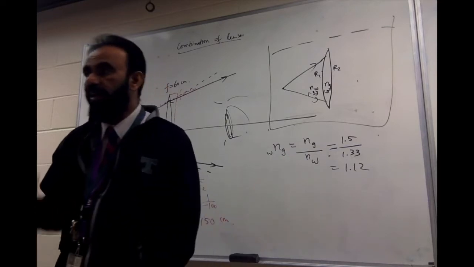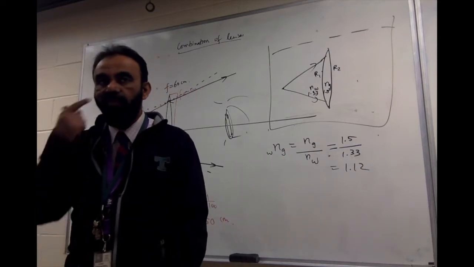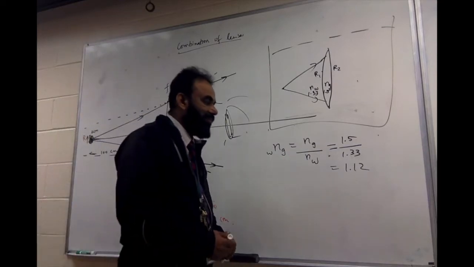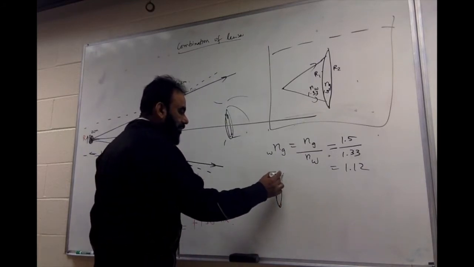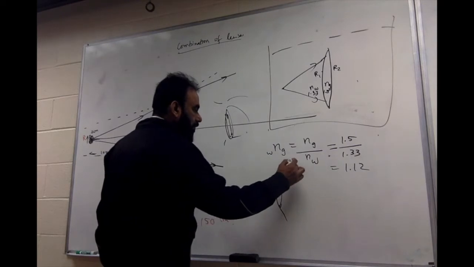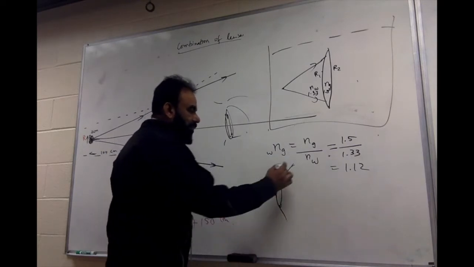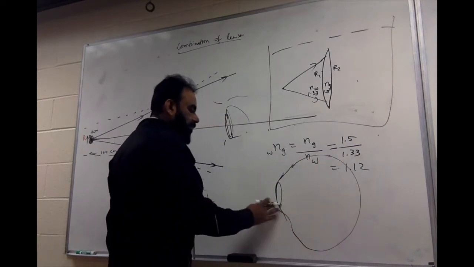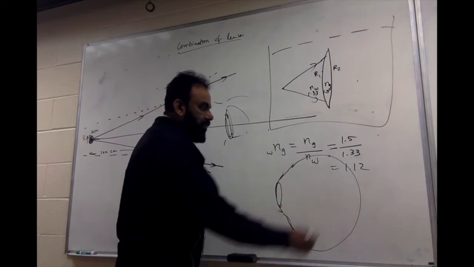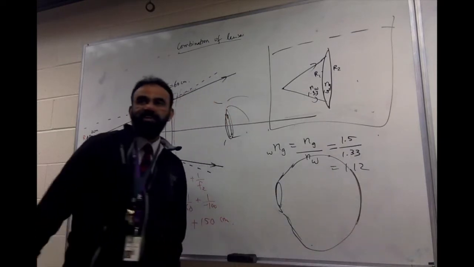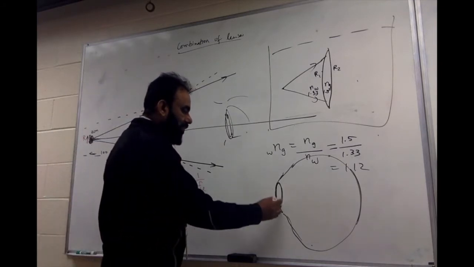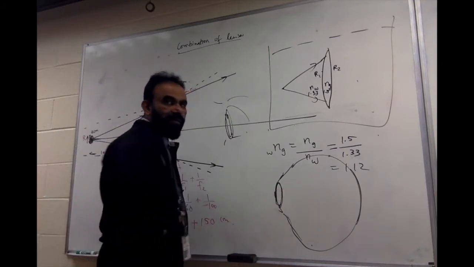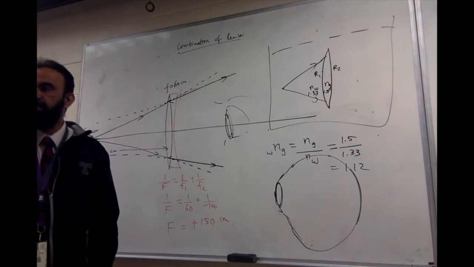And this applies to our eyes as well. The human eye. That's a retina. That's a screen where the image is supposed to be formed. And that's a lens. And that is not air. What's inside? Jelly.